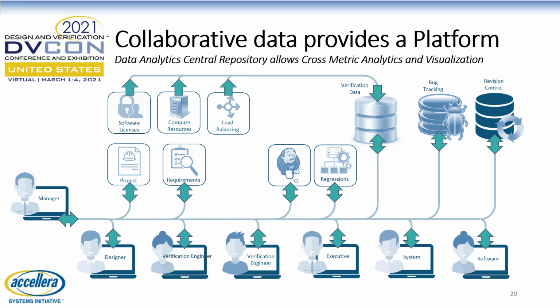This platform then lets you turn all that data into information by supporting everything from data analytics and cross-metric analytics to machine learning and more. Again, this data is typically lost because it stayed within its own domain or maybe wasn't even captured. And if you don't capture the data, you have no chance to turn it into valuable information.